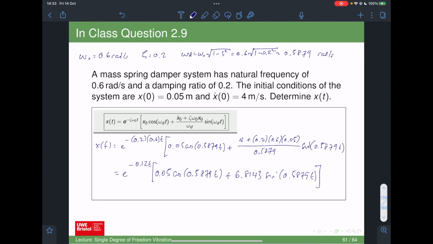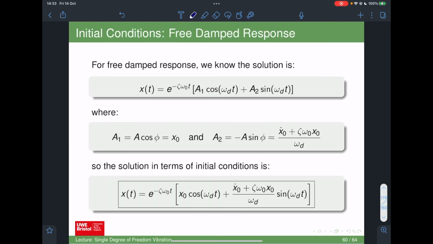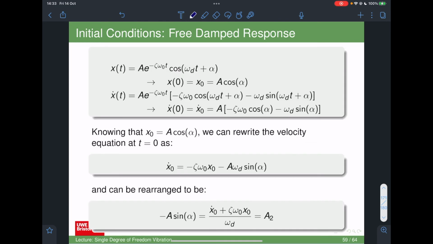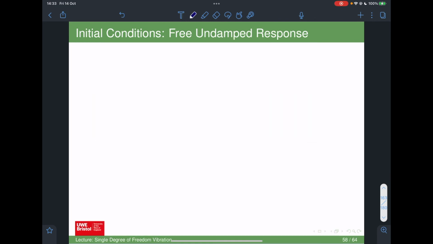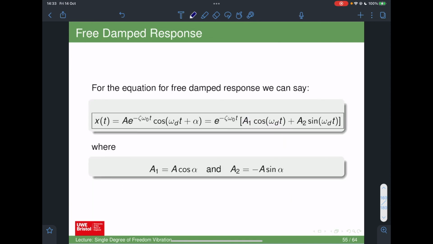That I believe is the correct answer. Okay, so now what I'm going to do, just before I move on to the last thing, which is an example, I'm just going to go back to this slide.